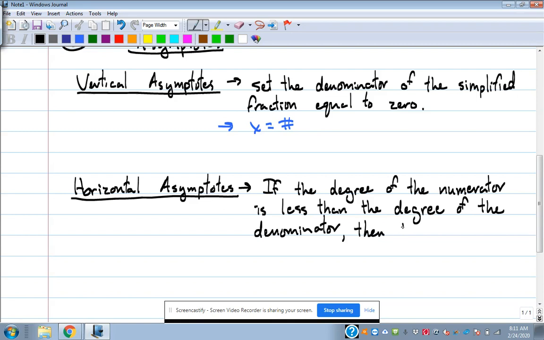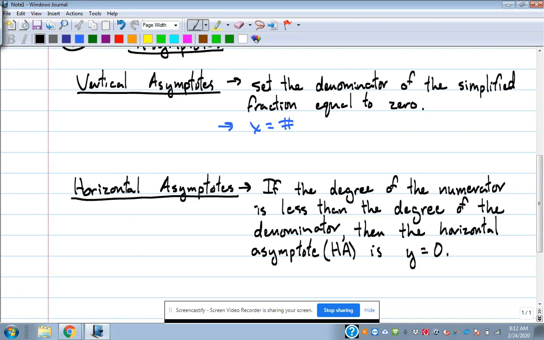Then the horizontal asymptote, and we'll abbreviate that HA from here on out just so we don't have to write that over and over, is y equals 0 automatically.